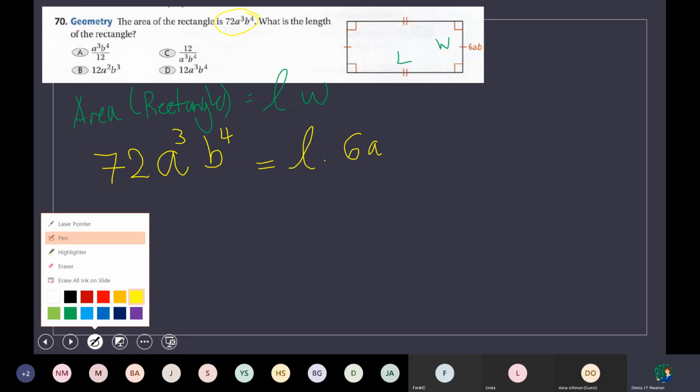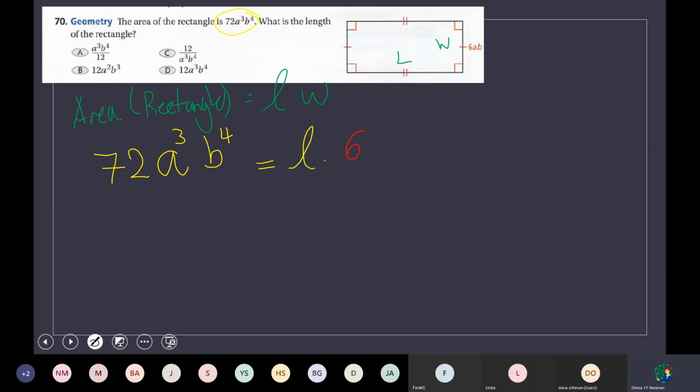I will rewrite it with another color. 6AB. I want now to find L. So here we have the area, we have the length, which is unknown, and we have the width.